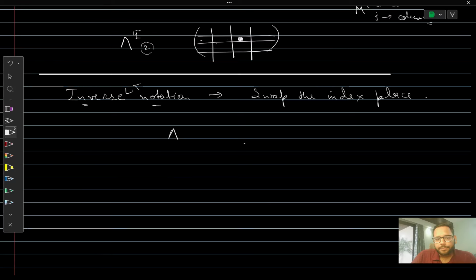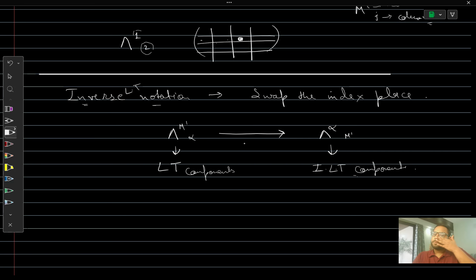This is my Lorentz transformation, my LT matrix components. Now this will be my inverse Lorentz transformation matrix components. You just swap the index places.